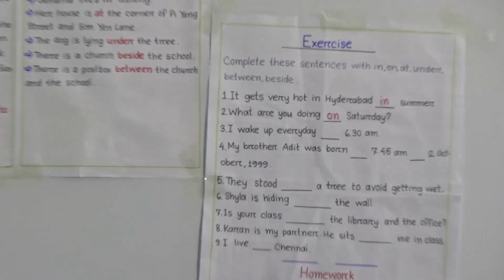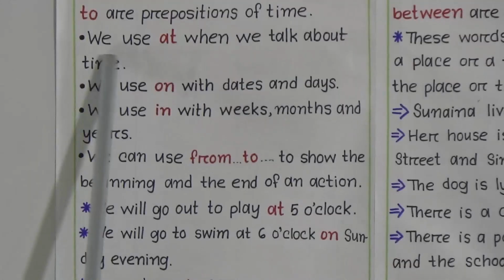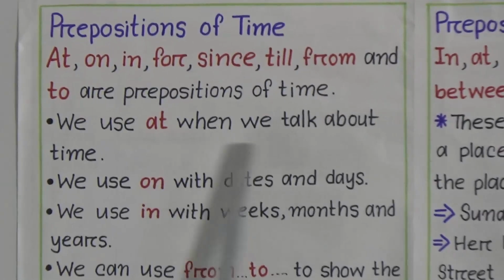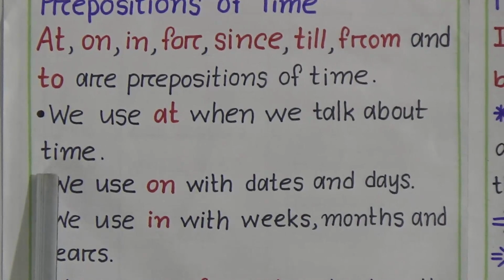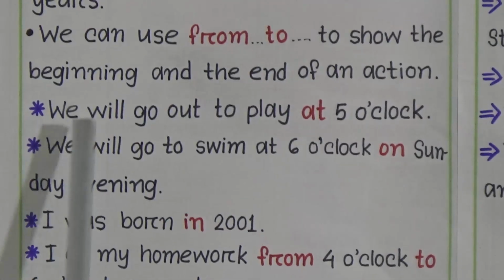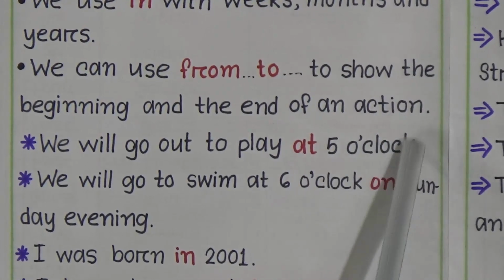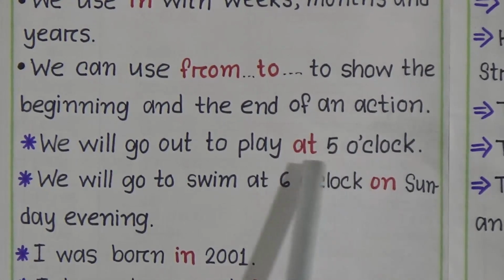Okay, come to this rule. We are saying about time. So our first rule is we use at when we talk about time. And we give the example of we will go out to play at 5 o'clock. So here we find time and use preposition at.